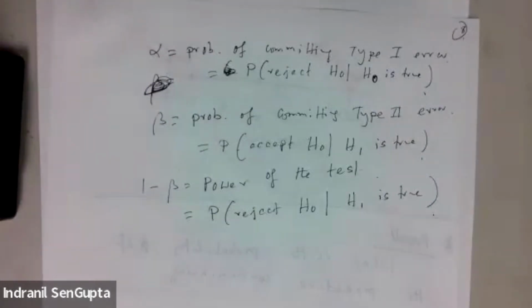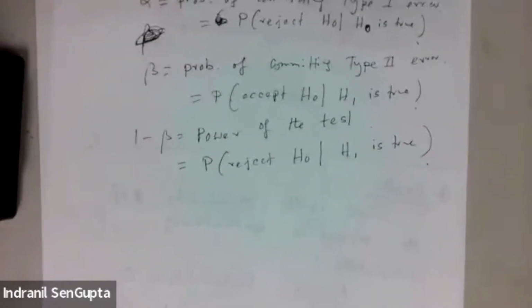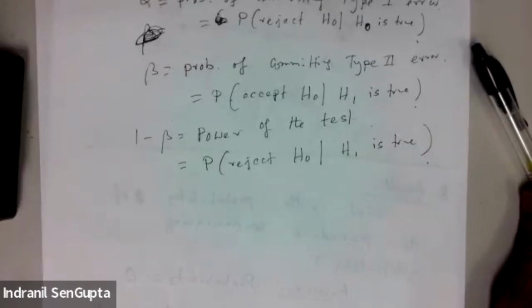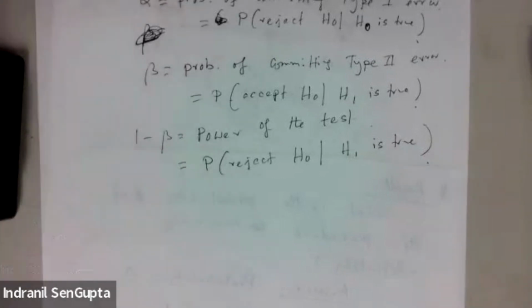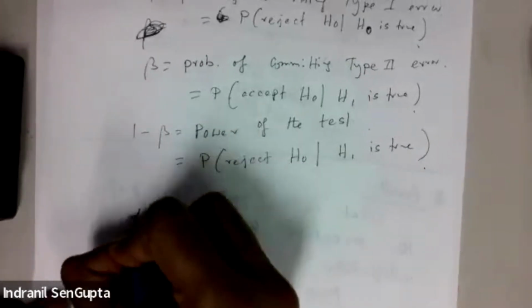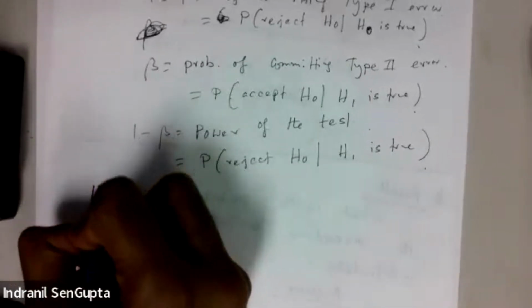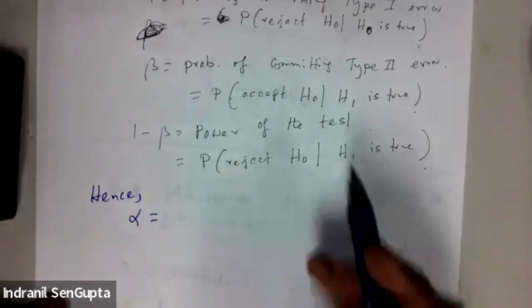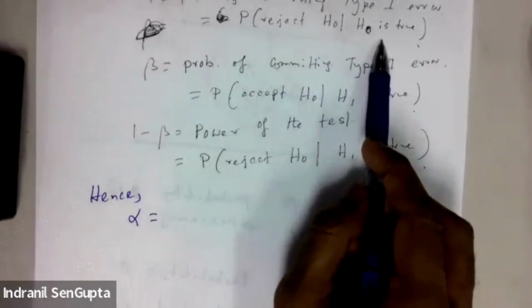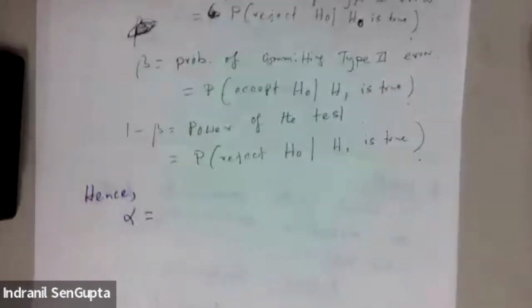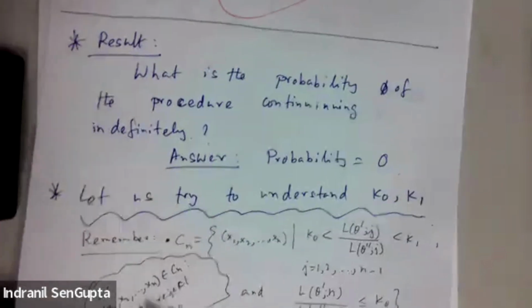Let's see what we want to do with that. I can write based on all these notations. So alpha is the probability of rejecting H0 when H0 is true. So that means, when can we reject?